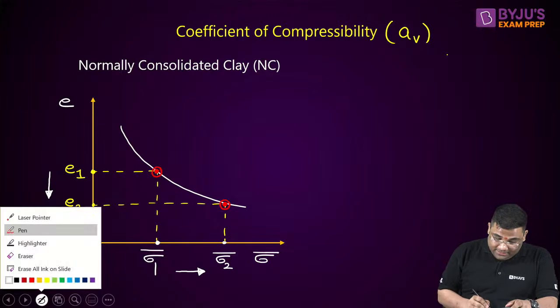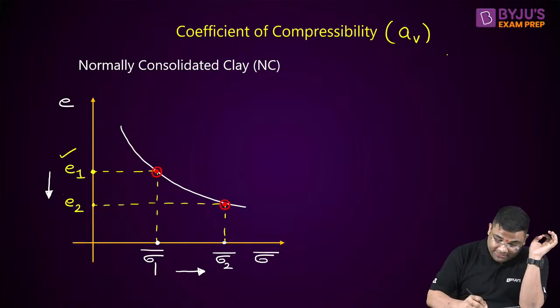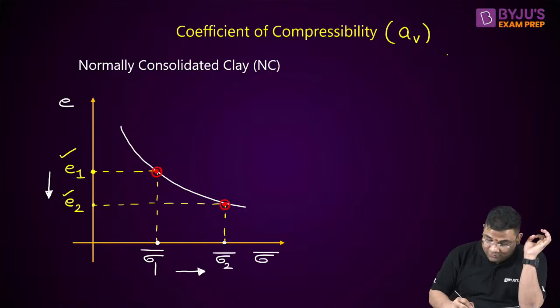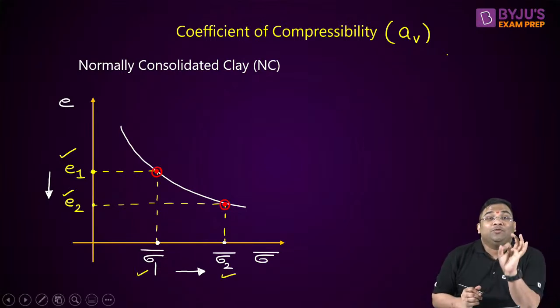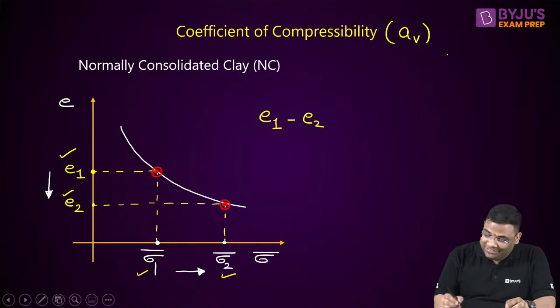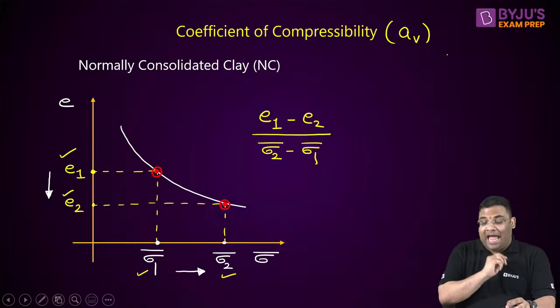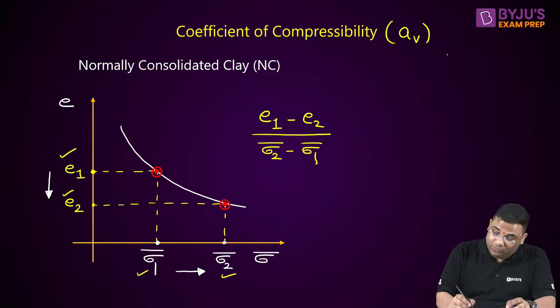The coordinates are E1, E2 and sigma 1, sigma 2. So the slope will be E1 minus E2 divided by sigma 2 dash minus sigma 1 dash. And this average slope is known as what?